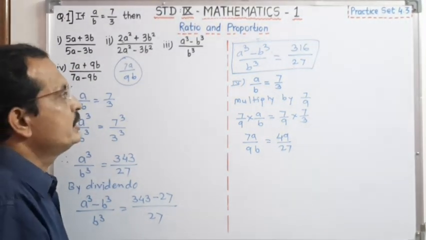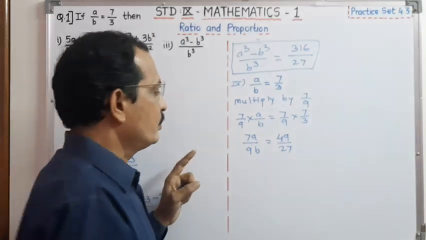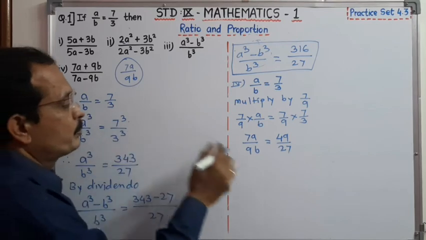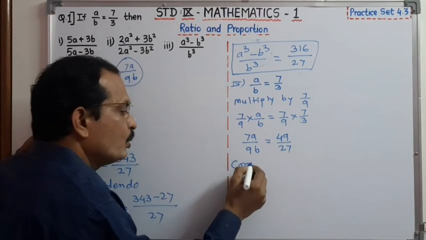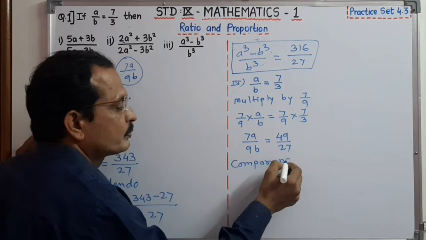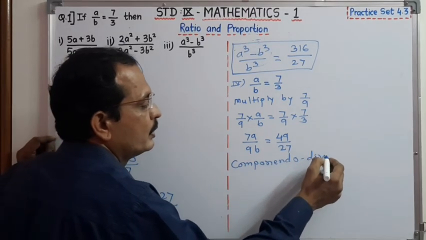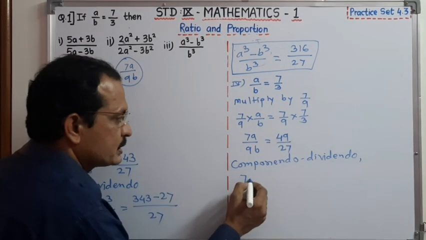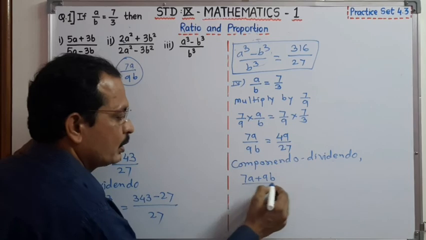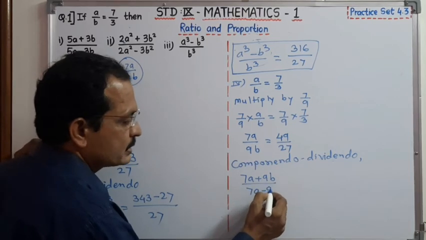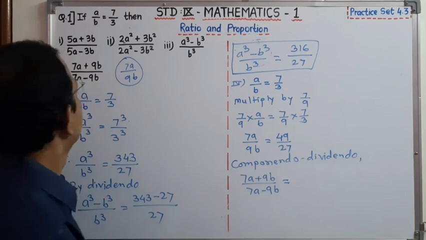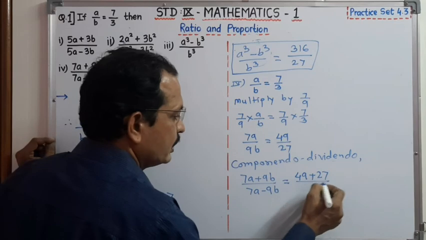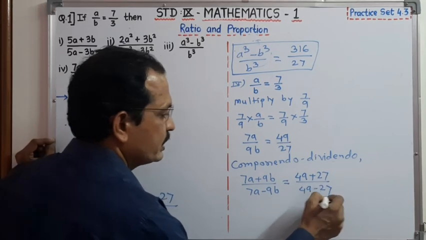49 upon 27. Now, see, dear student, what we have to do here? Now we have to find this, and for that purpose we have to do componendo and dividendo. Now see here, 7a plus 9b upon 7a minus 9b is equal to 49 plus 27 and 49 minus 27.